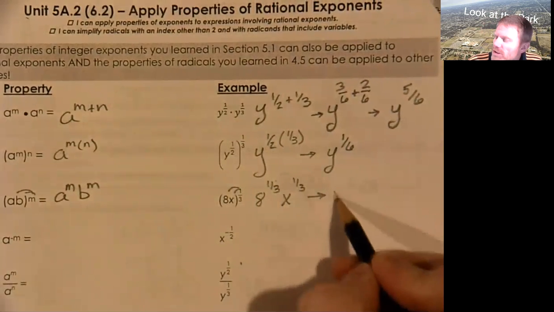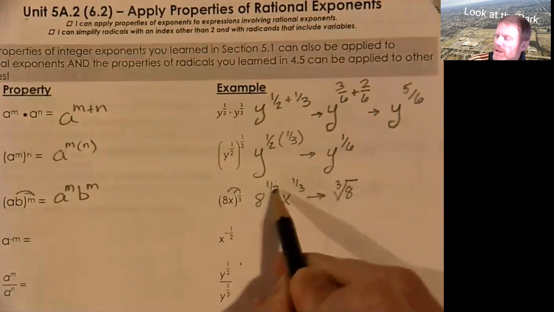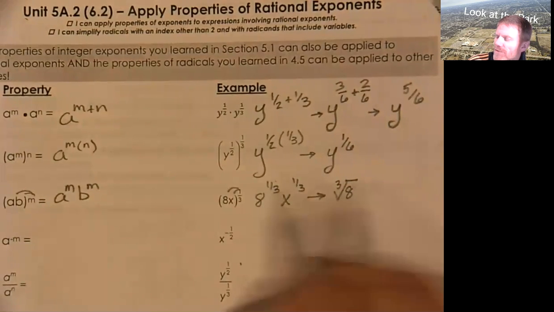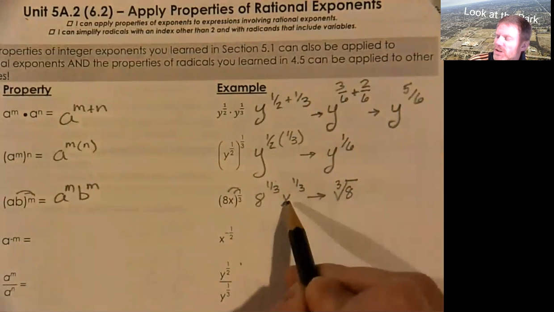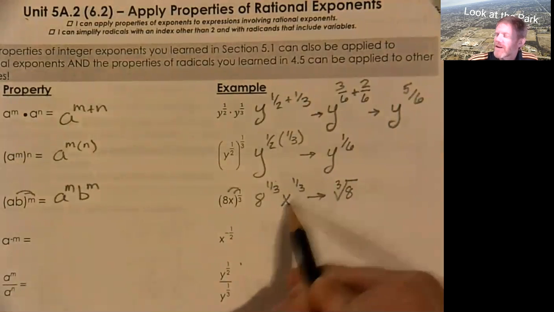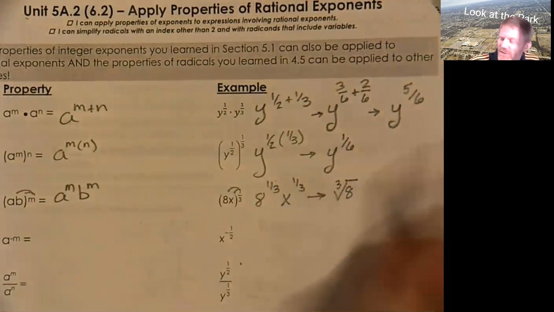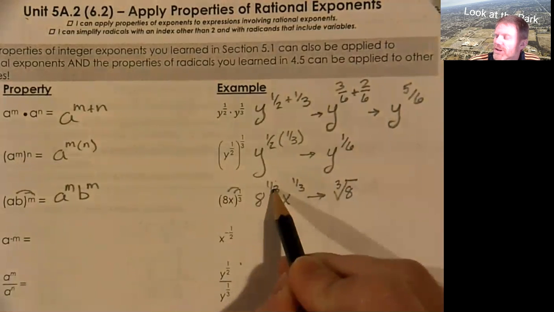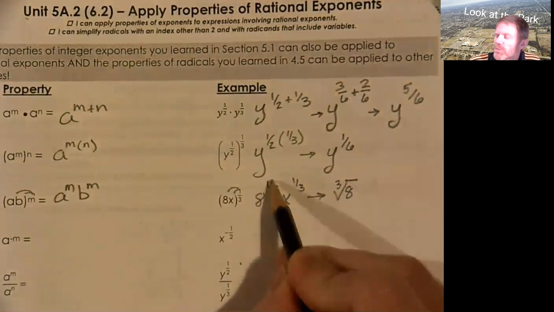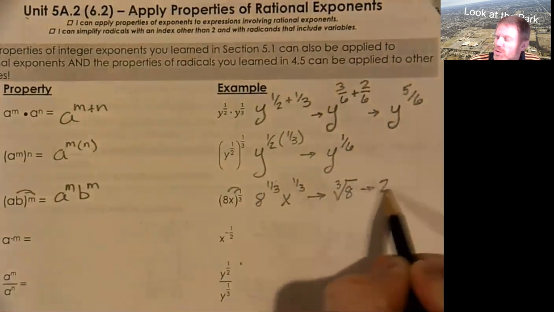You could convert that over to radical form, and that would be the cubed root of 8 to the first power, and this is still the cubed root of x. So you could put an x inside there, you could leave it out, but I'm just trying to show you that 8 to the 1/3 power is the same thing as 2.